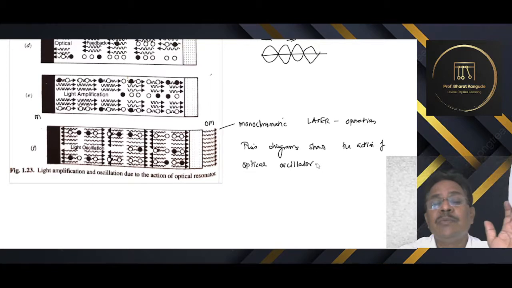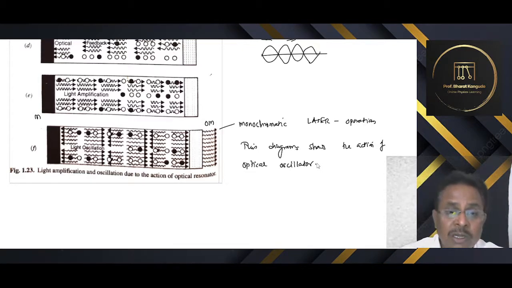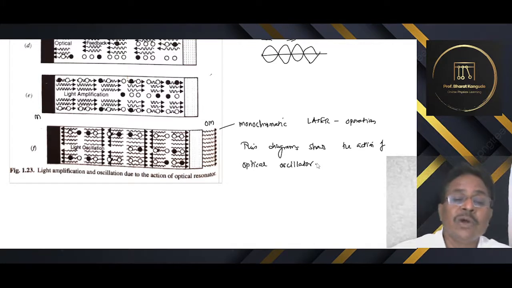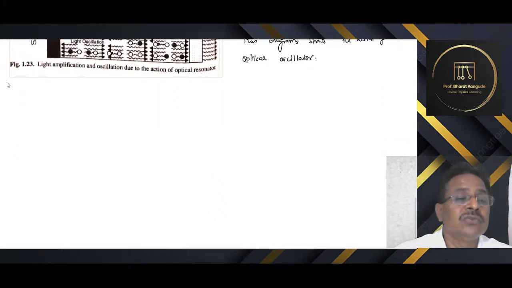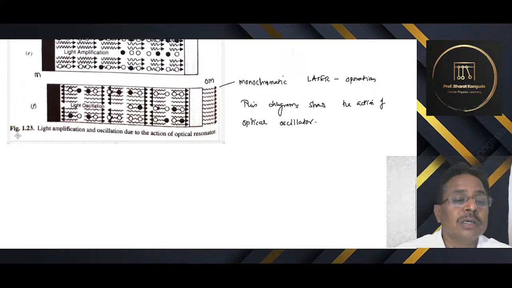All these stages can be understood through these diagrams. Drawing them and discussing them would have taken a lot of time, so to save that time I have added this figure directly from the book, and with that figure one can understand the entire operation of this optical oscillator. This is the second point we are considering here.